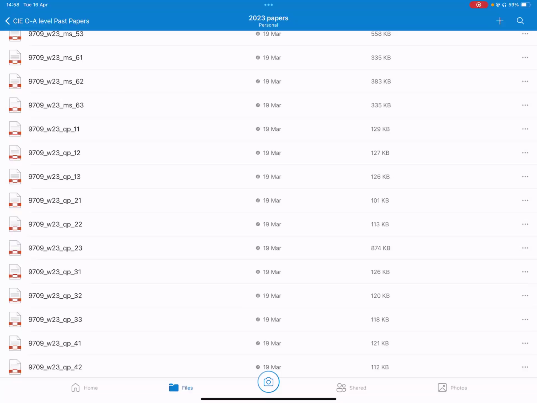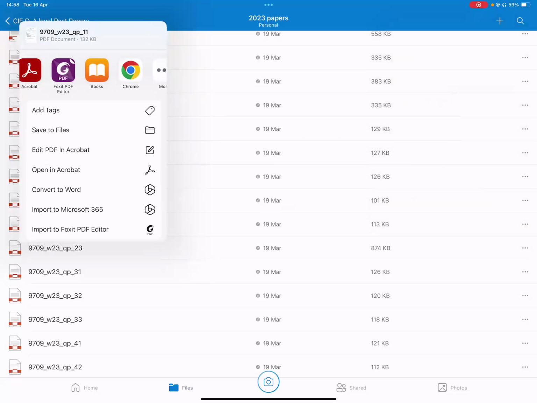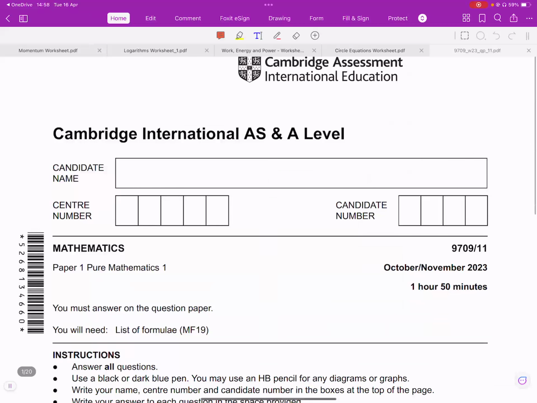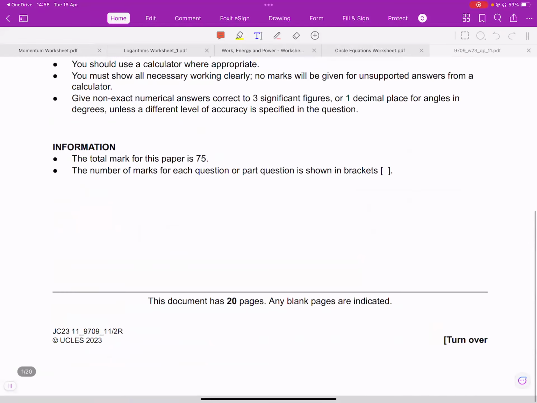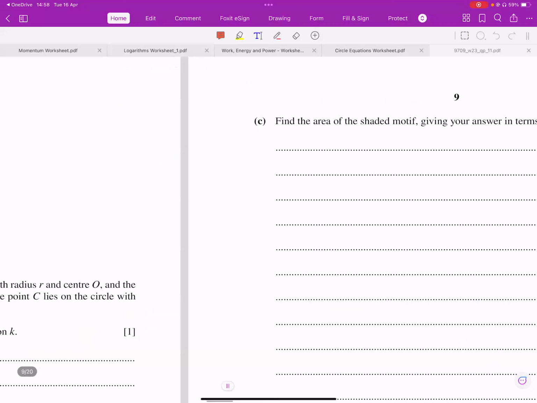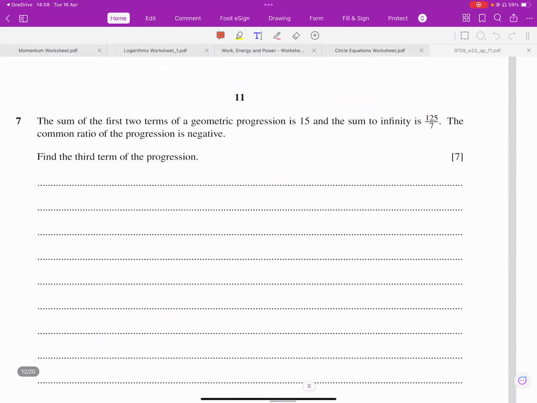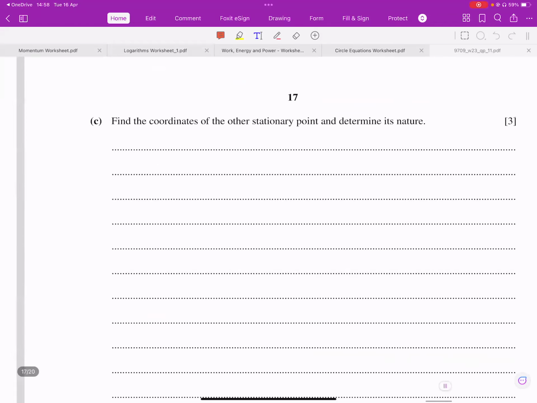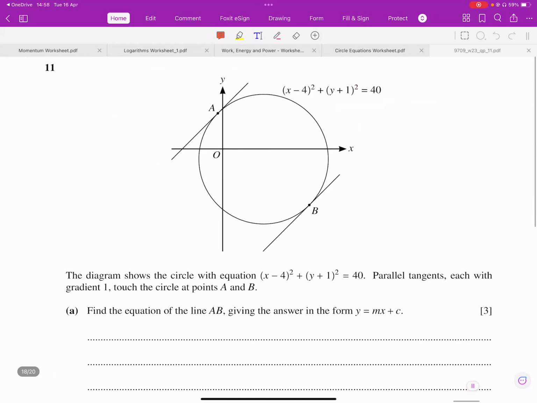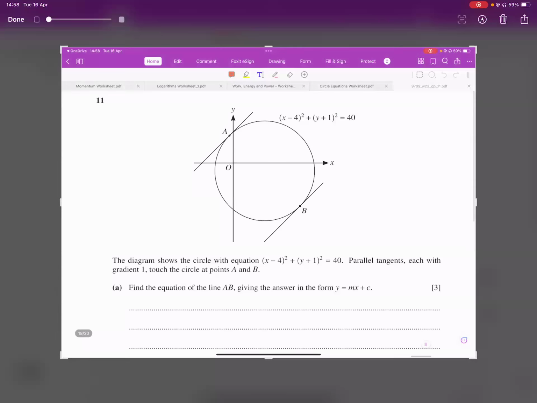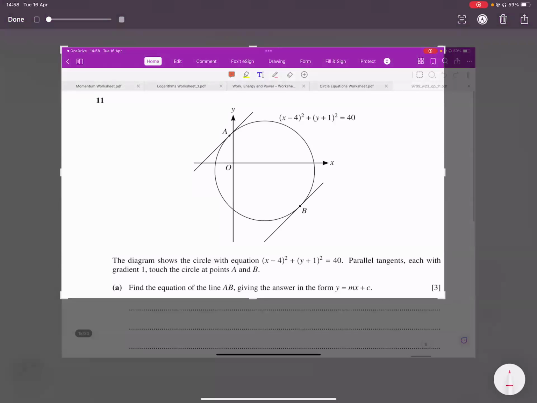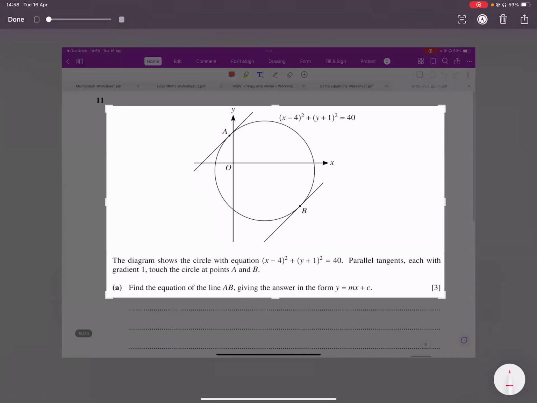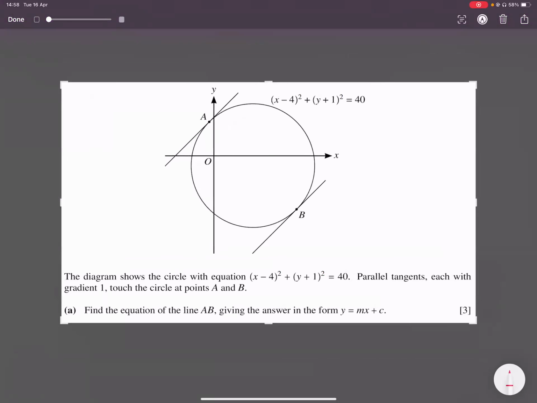Okay, this is the paper, right? Paper 1-1. Okay, let's try this. This is question number 11 from this paper, November 23, paper 1, variant 1. Let's try this one.